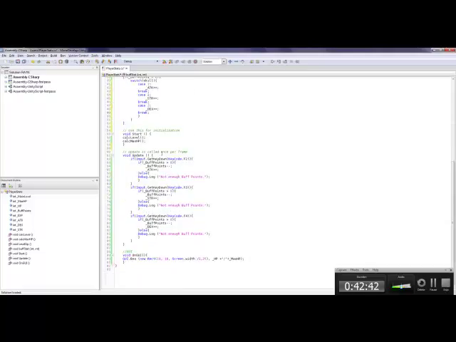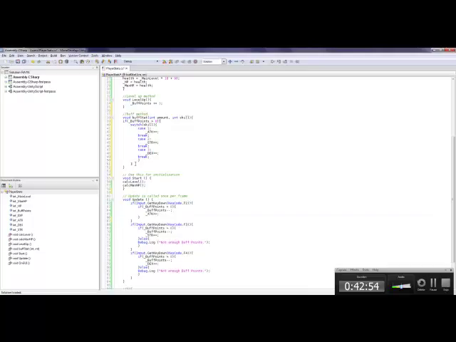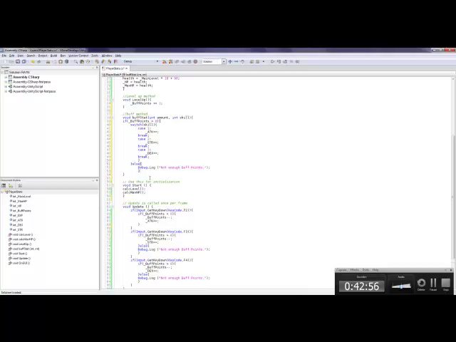So instead of having all of this code, we are going to put our else statement at the bottom of this. And if we don't have enough buff points, it's going to say not enough buff points.